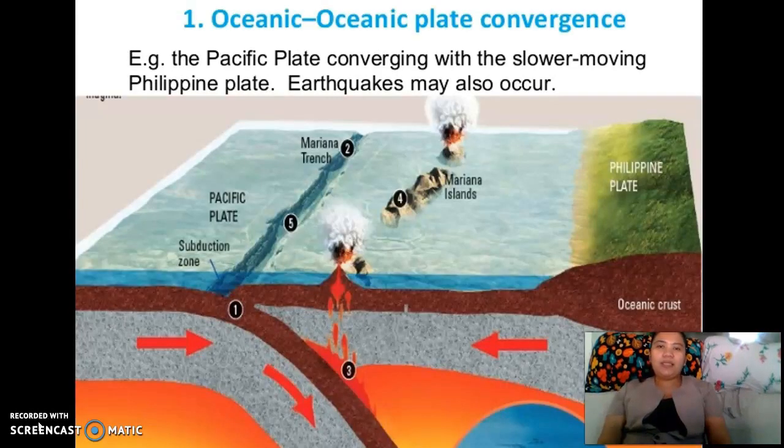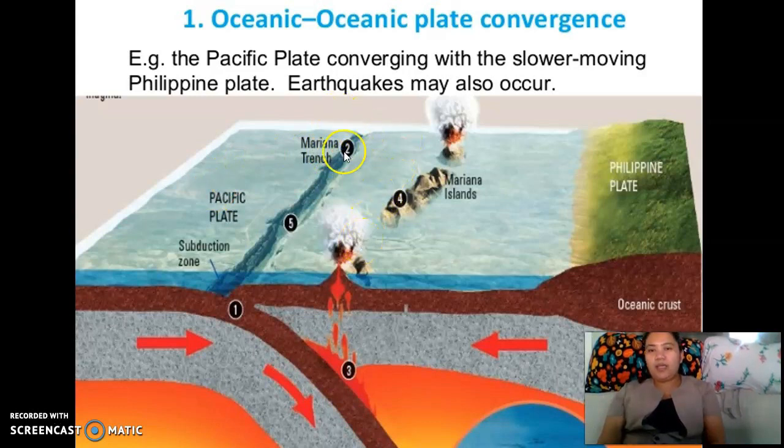So this is an example of oceanic to oceanic plate convergence. As you can see, this is the Pacific plate converging with the slower moving Philippine Sea plate. On this side you will see the Pacific plate, and on this side the Philippine Sea plate.